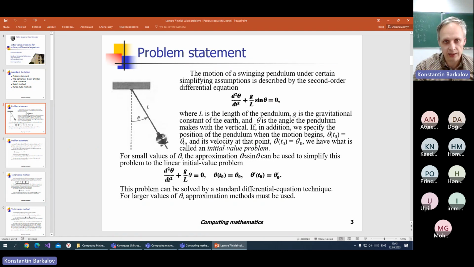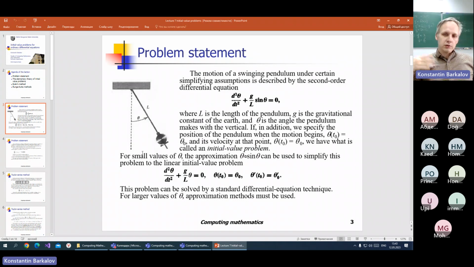Again, L is the length of the pendulum, g is a constant, the so-called gravitational constant of the Earth, and theta is the angle between the pendulum and the vertical line.